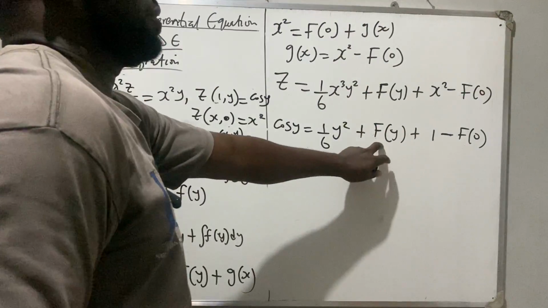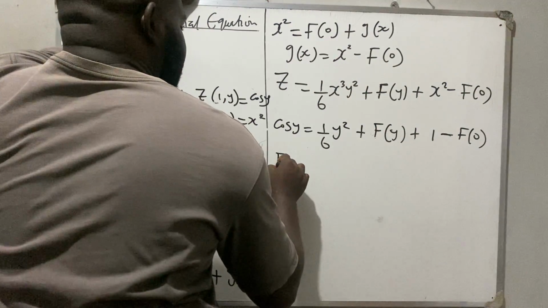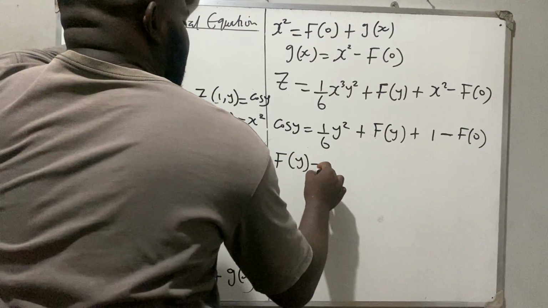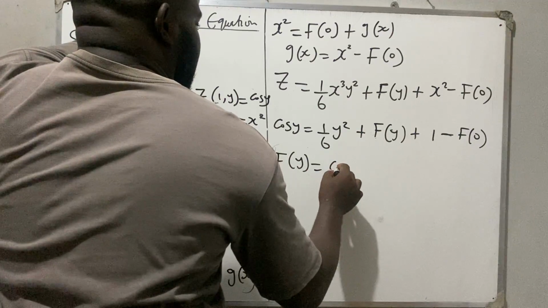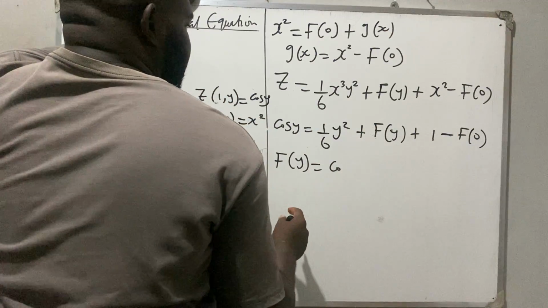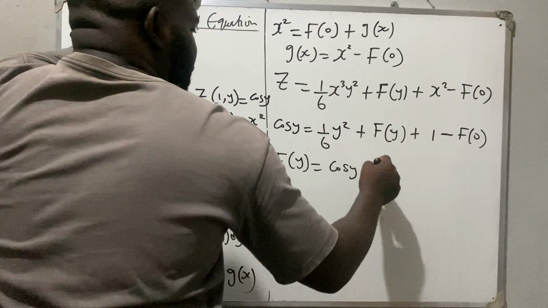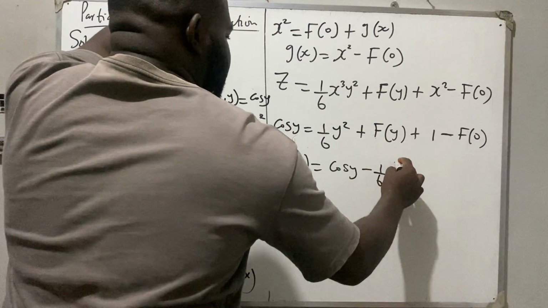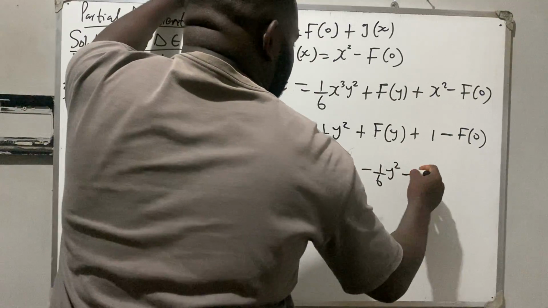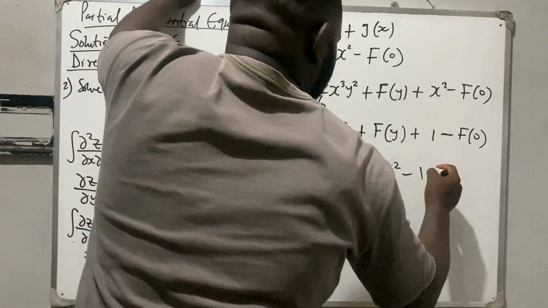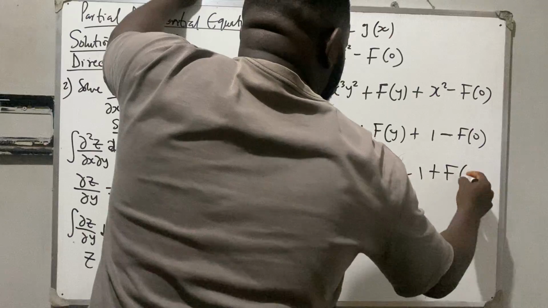To make this the subject, F of y will now be equal to cos y minus 1 over 6 y squared, minus 1, plus capital letter F of 0.